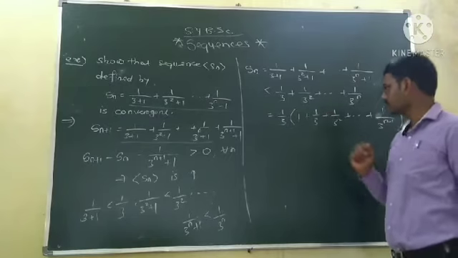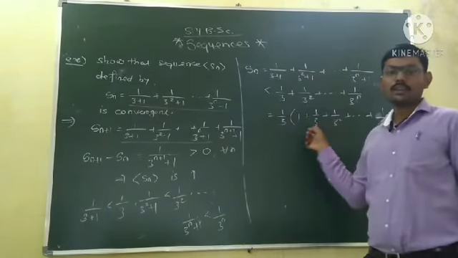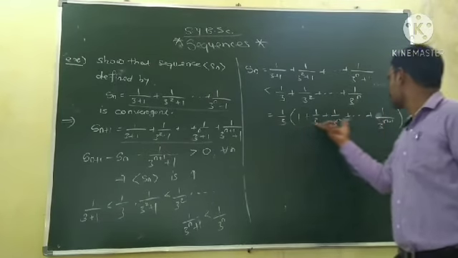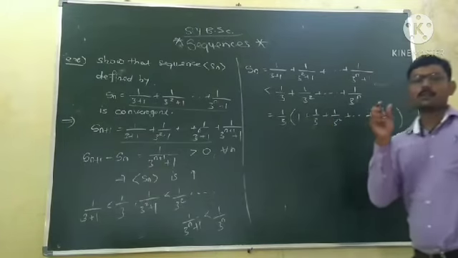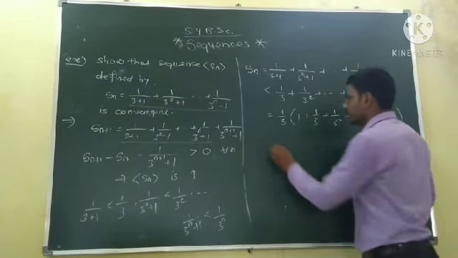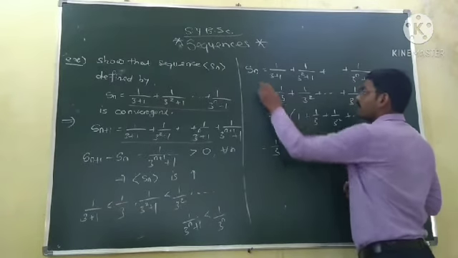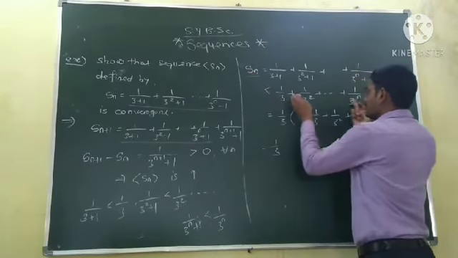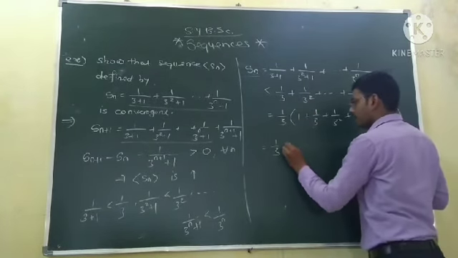Okay, now this is the geometric series with common ratio 1 by 3, and we know the formula for the sum of these n terms. This is 1 by 3 as it is in the bracket. So Sn is less than this, which is nothing but equal to this, and this is equal to 1 by 3.